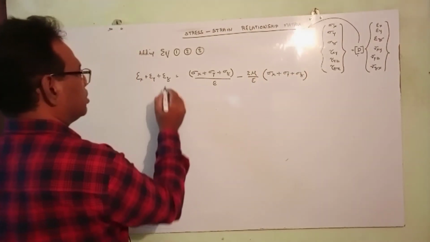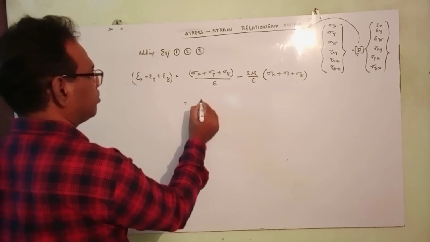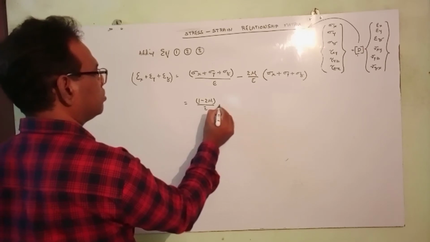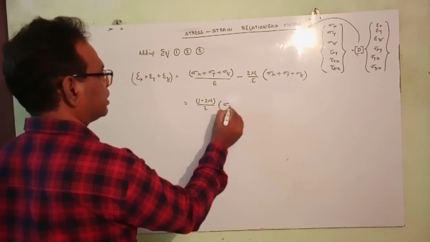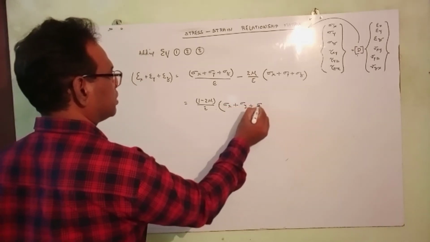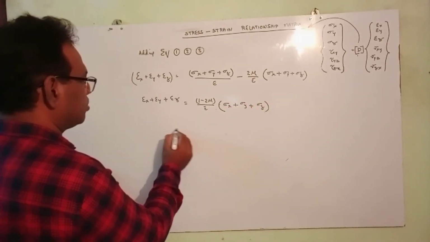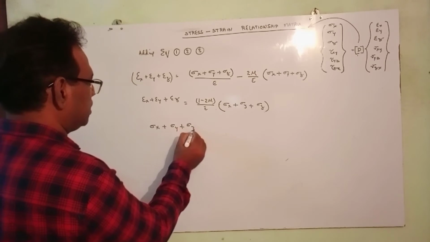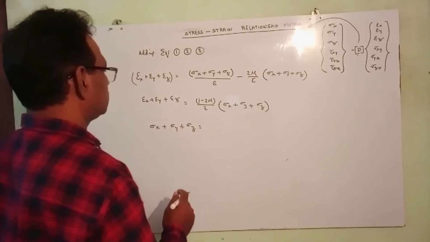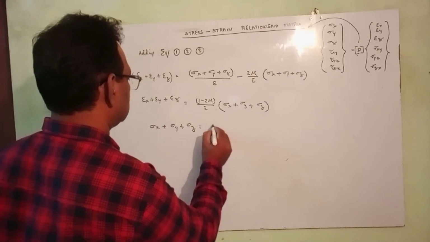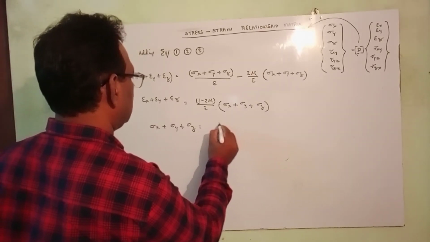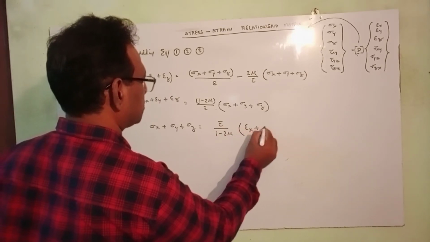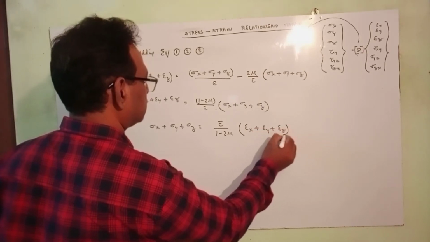You will get, which is again simplified, 1 minus 2 mu by E into sigma x plus sigma y plus sigma z. So sigma x plus sigma y plus sigma z is equal to E by 1 minus 2 mu into epsilon x plus epsilon y plus epsilon z.